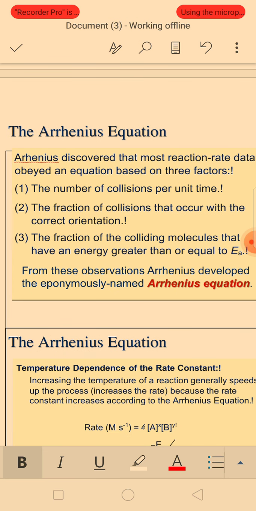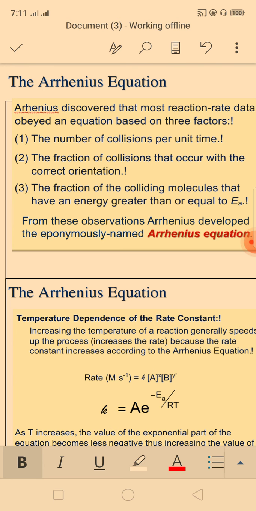Number three, the main important factor, is the colliding molecules that have sufficient energy equal to the energy of activation. All these observations are developed from observing the Arrhenius equation.